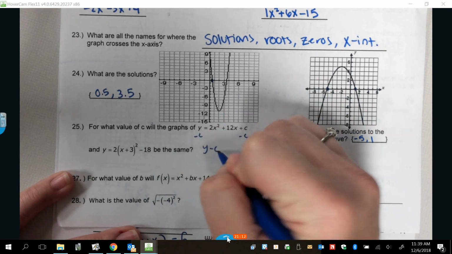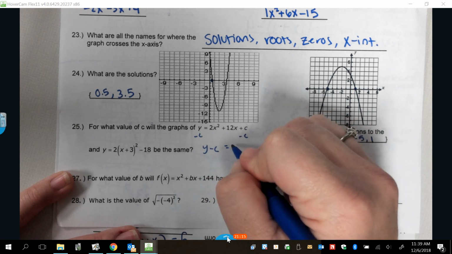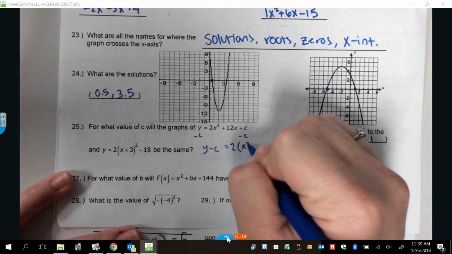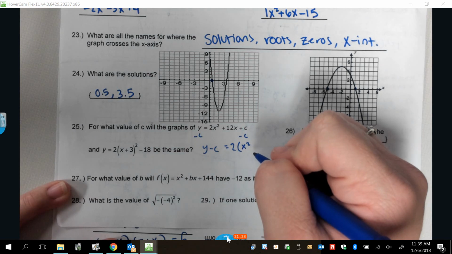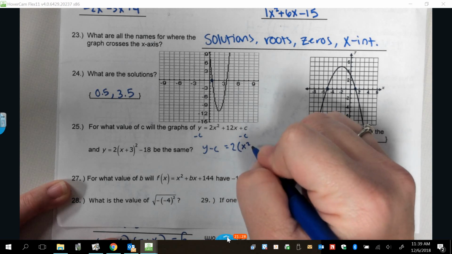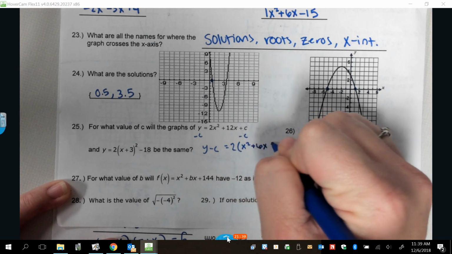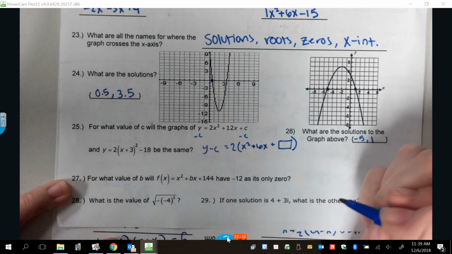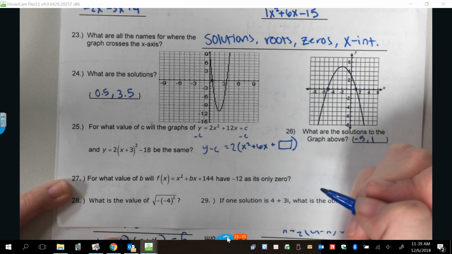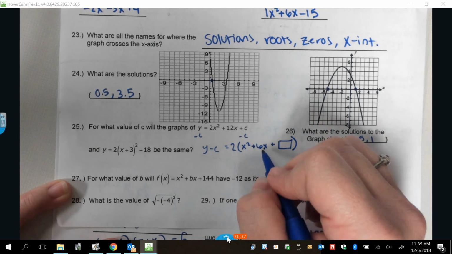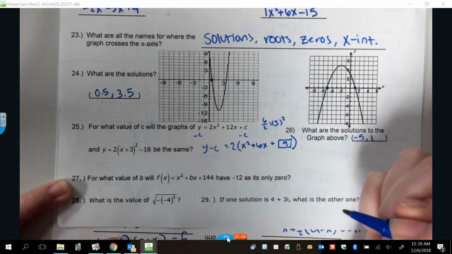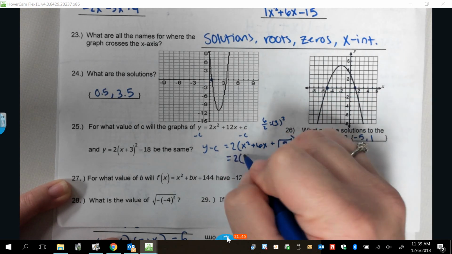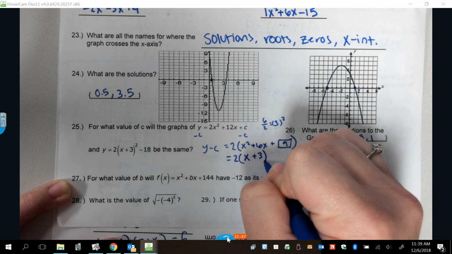So we have Y minus C equals, we would also take out our GCF, 2x squared plus 6x plus something. So we know half of 6 is 3. 3 squared is 9. So this ends up being 2x plus 3.